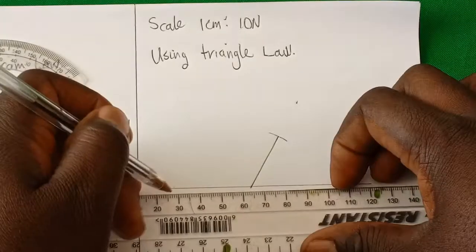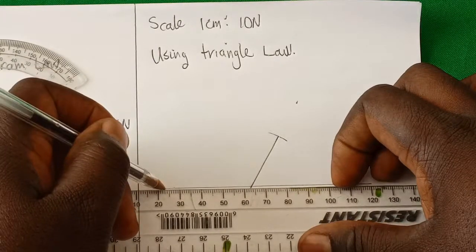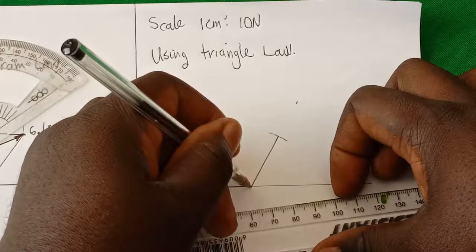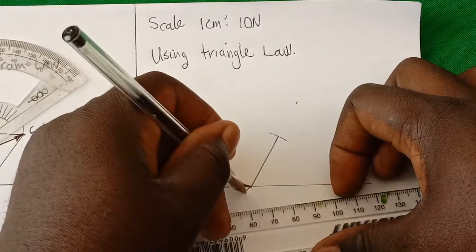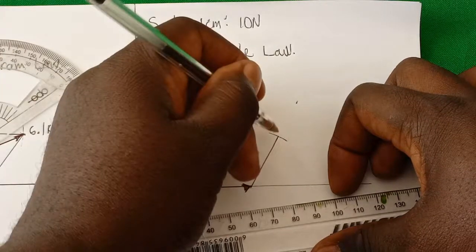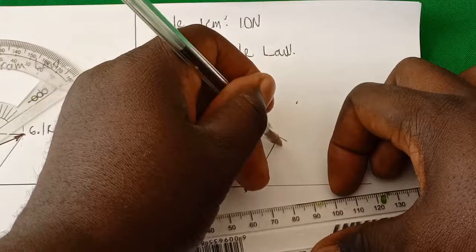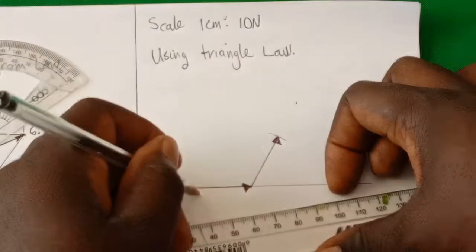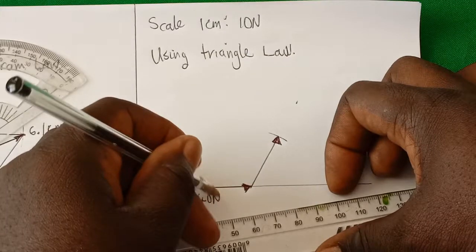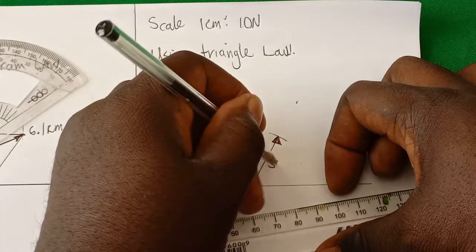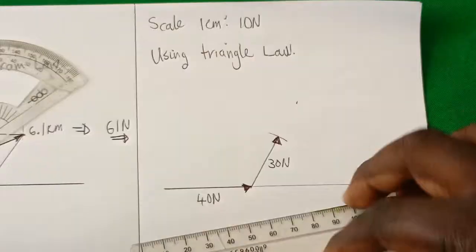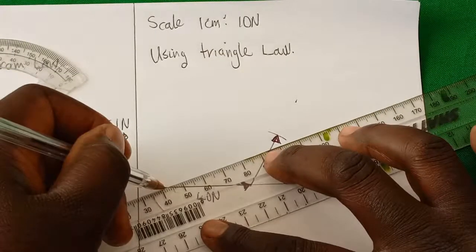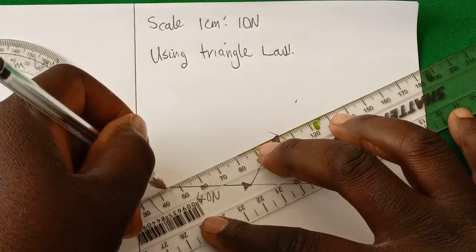So I'm having my vectors head to tail right there. So that's the head of this 40 newton vector connected to the tail of that, and that's the head like that. Now remember we said that the line that closes the triangle becomes our resultant. Okay, that's the line over there.